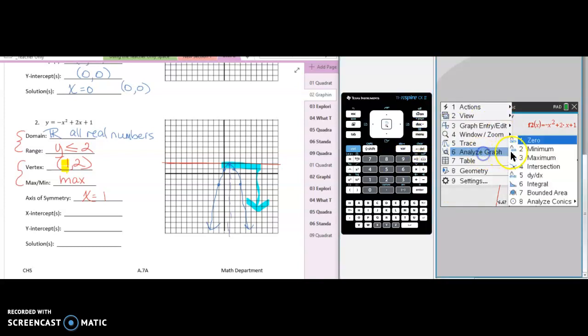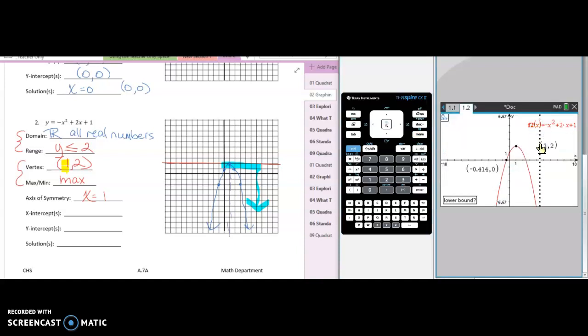Menu, analyze graph, 0, click, drag, click. All right. So our x-intercepts are at negative 0.4140 and 2.410. Those are coordinates. Those are ordered pairs, right?